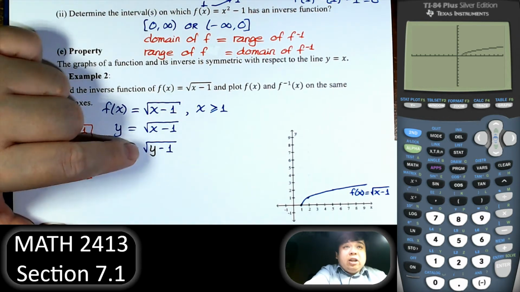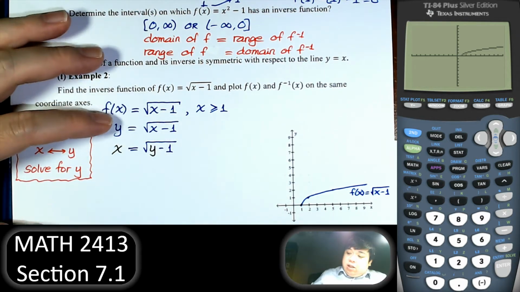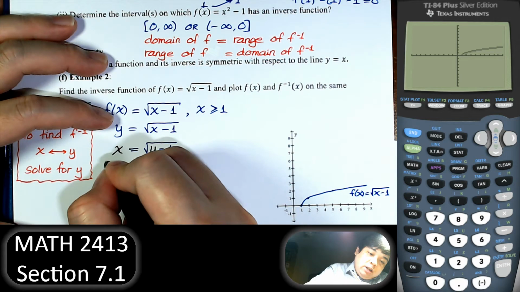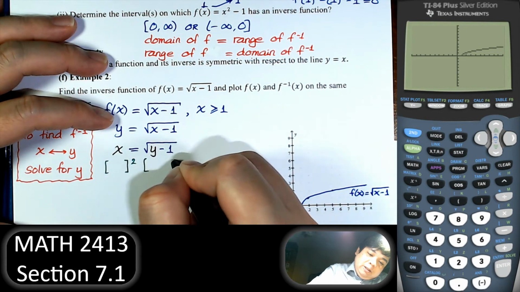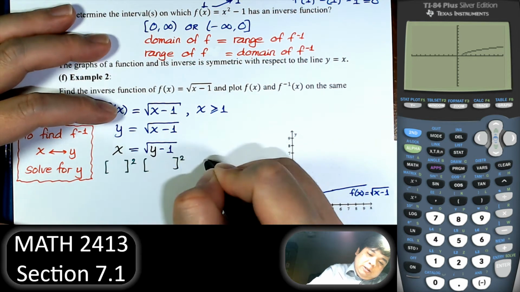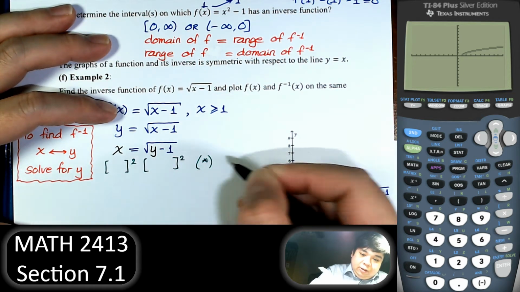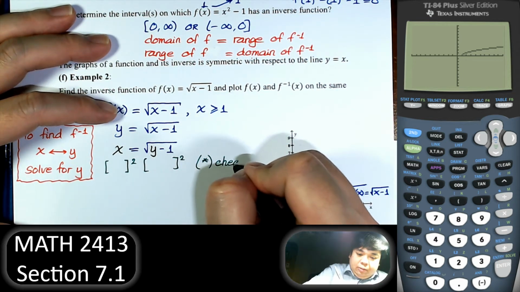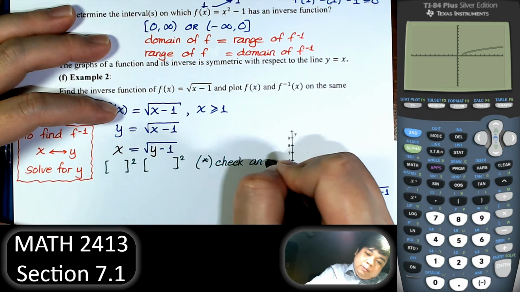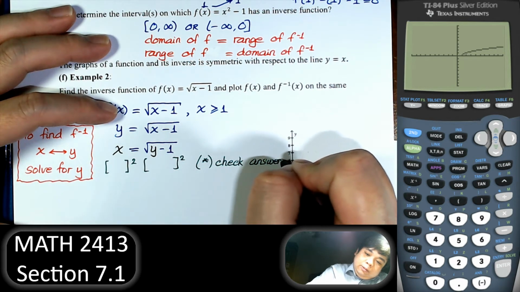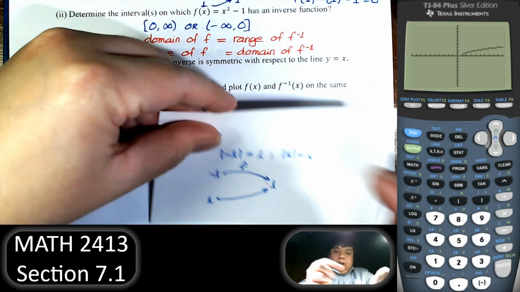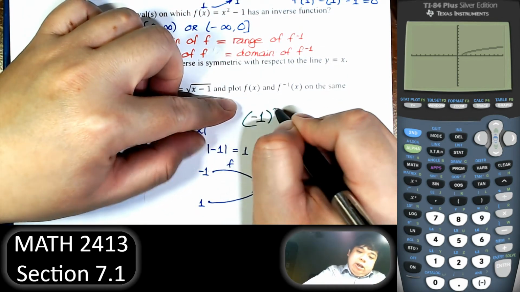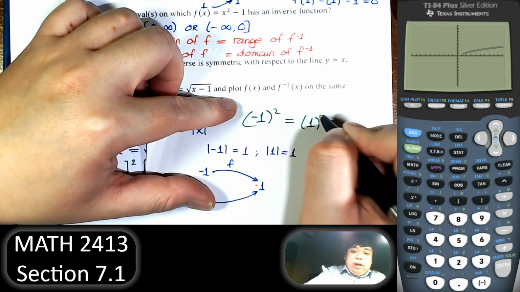To solve for y, we just square both sides. But remember, every time we square both sides, we need to check the answer. Because negative 1 squared is the same as 1 squared.